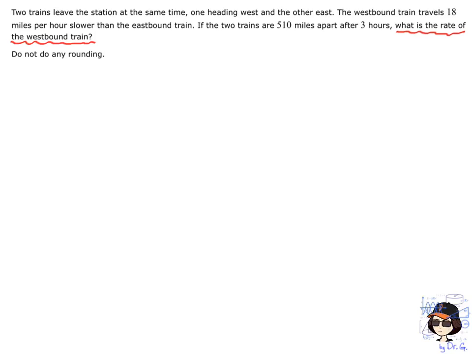So please be careful. So we're going to write down rate of westbound train equals X. Okay, not just westbound train. We're looking for the rate, not the distance, but the rate. So we have to say that.